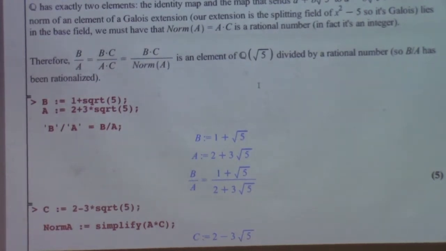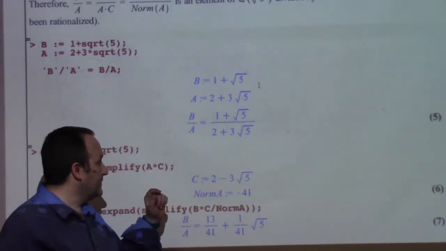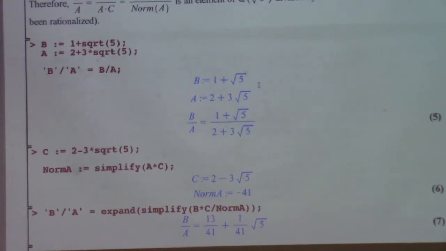It removes the radical in the denominator and puts in the norm. The norm of A here happens to be 41, because it's 2 plus, what is it? Minus 41 rather. Sorry. Yeah, minus 41. Sorry.